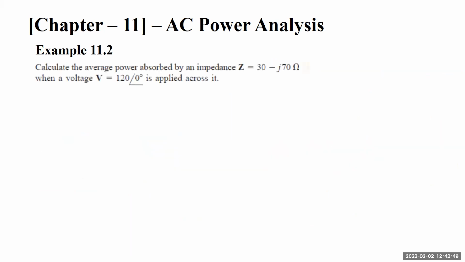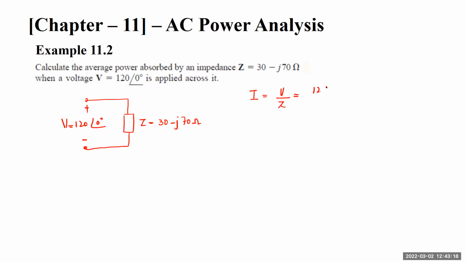In this case, we are given the values in phasor form. First, we are given an impedance of 30 minus j70 ohms, and the voltage across this impedance is 120 volts, so 120 angle of 0. The current is V by Z, simply 120 angle of 0 divided by 30 minus j70.